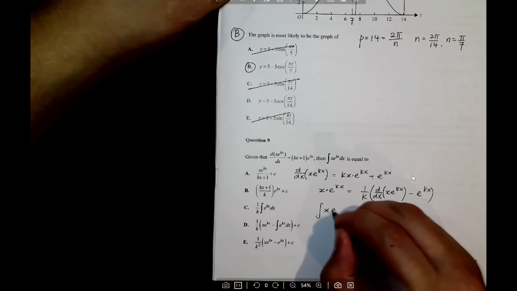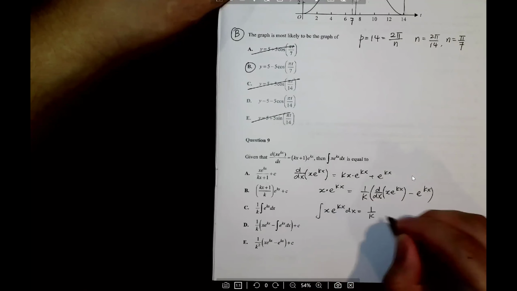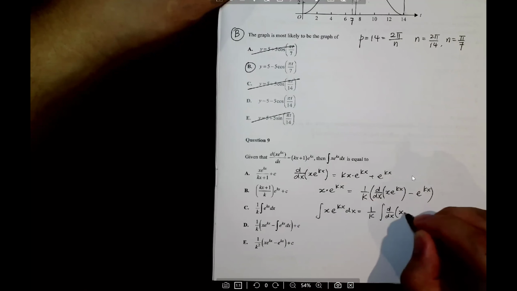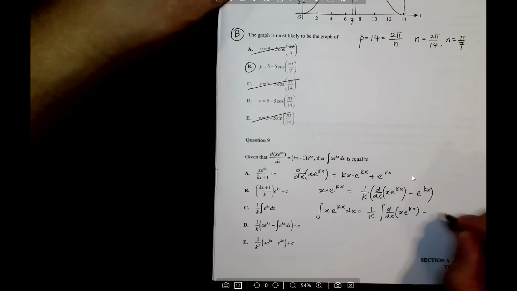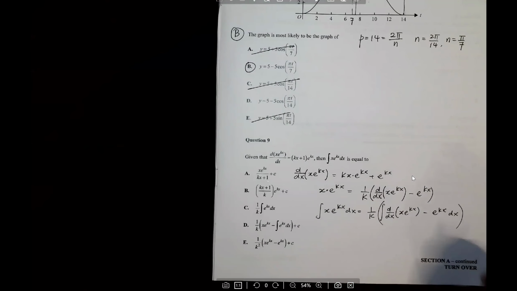If I integrate both sides, that's integrating x e^kx dx equals 1 over k times the integral of d/dx of x e^kx, subtracting e^kx dx. Notice that this bit should be in a bracket, and we might want to put a plus c at the end.